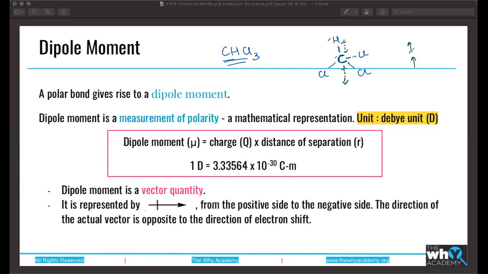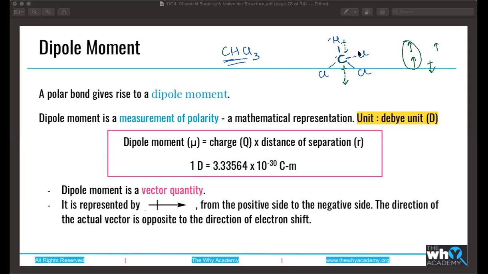Upward and upward, so the electron shift net is going to be downward, or the net vector is going to be in the upward direction. Okay. Ma'am, I have a question. Here it says that the dipole moment is opposite to that of electron flow, right?